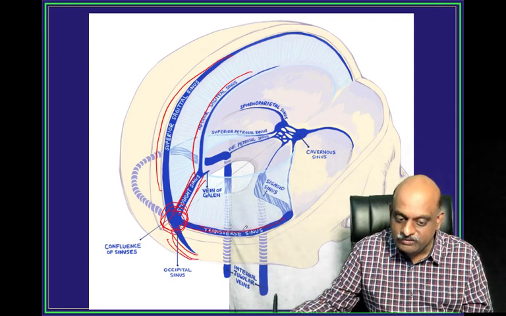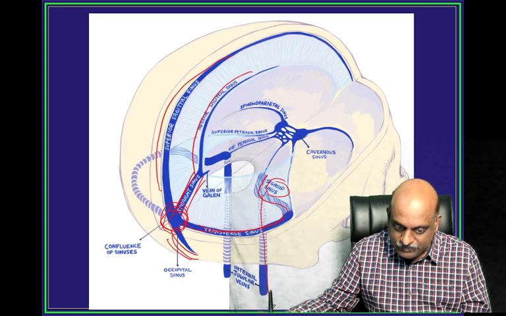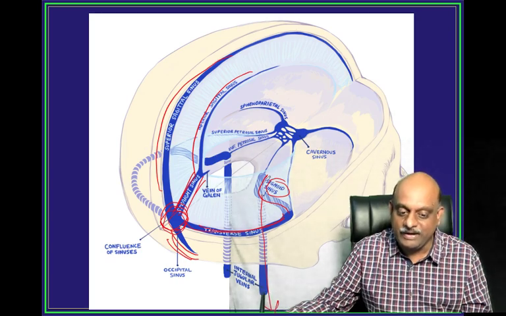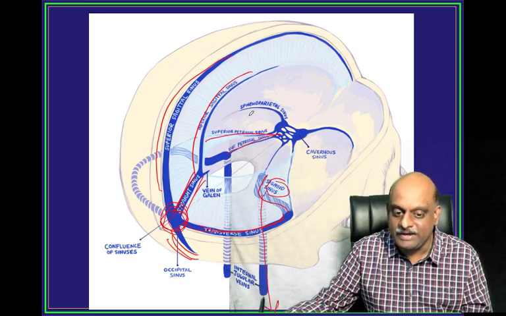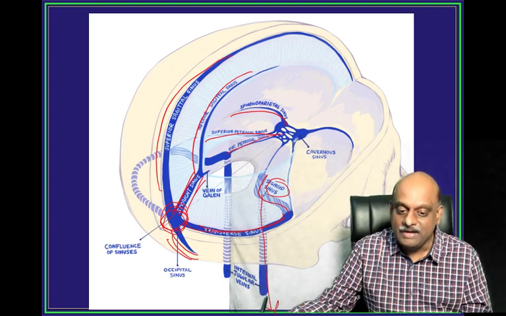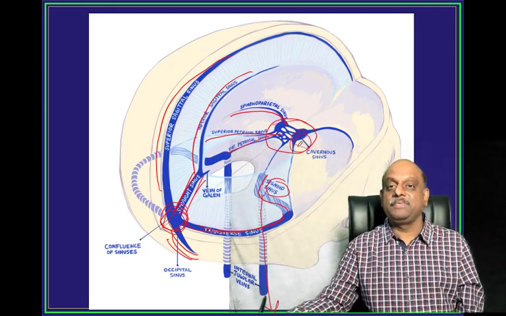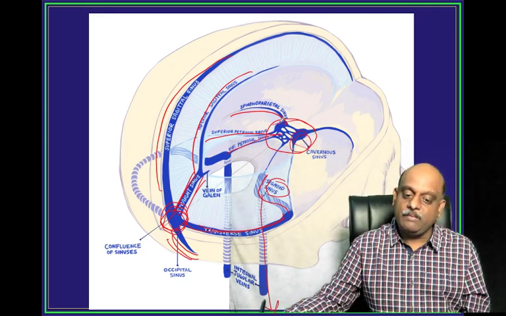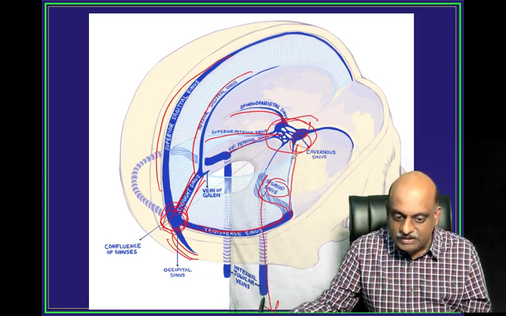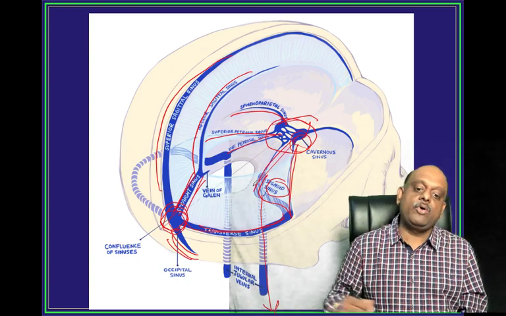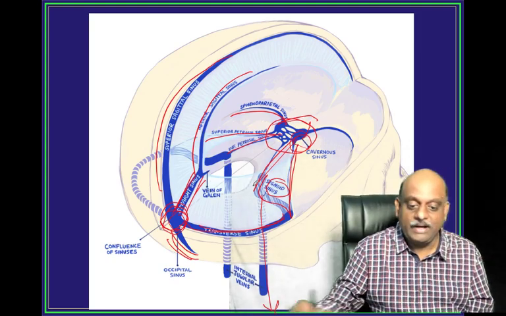Here you have the transverse sinus, which is taking a turn called the sigmoid sinus, from which you are getting the internal jugular vein, and this inferior petrosal sinus, superior petrosal sinus, sphenoparietal sinus, all these are merging into the ipsilateral cavernous sinus. The cavernous sinus is also a bilateral structure, and the cavernous sinus is also communicating with the sigmoid sinus. That is what you have to basically remember, right?